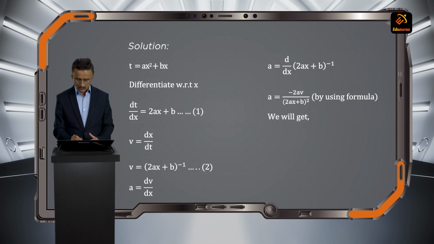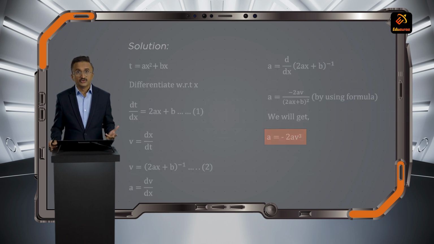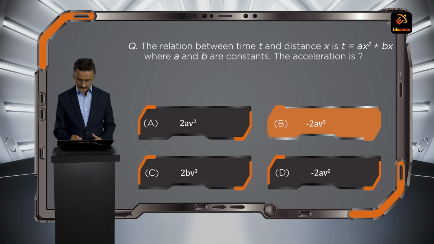So a is equal to minus 2a upon 2ax plus b the whole cube. But that is nothing but what? Velocity. V is equal to 2ax plus b raised to minus 1. So here it is minus 3. So a is equal to minus 2a v cube. So the correct answer is option B. It is minus 2a v cube.